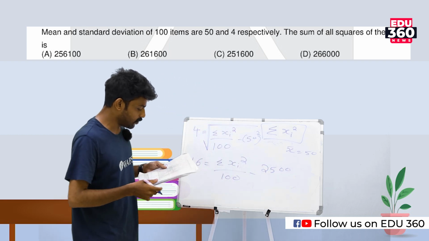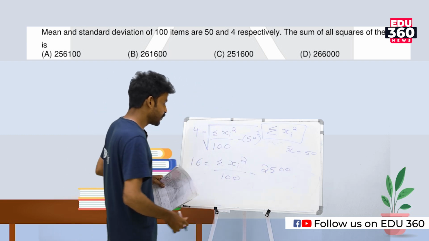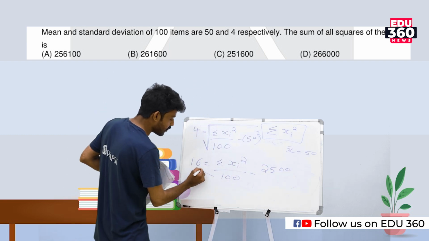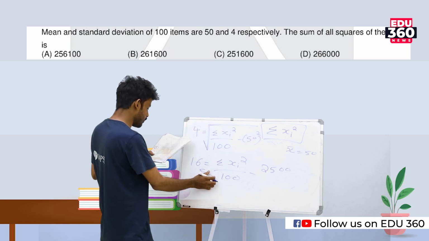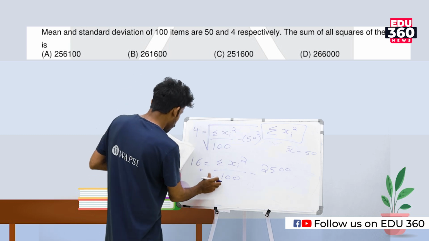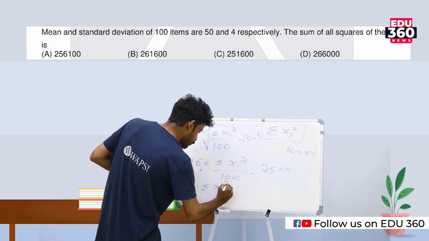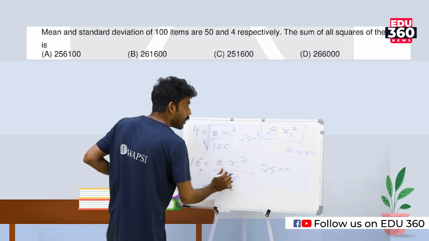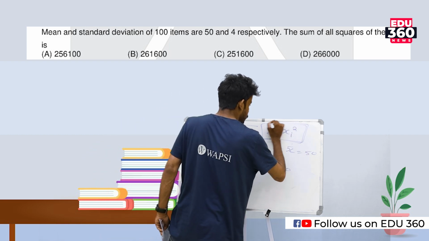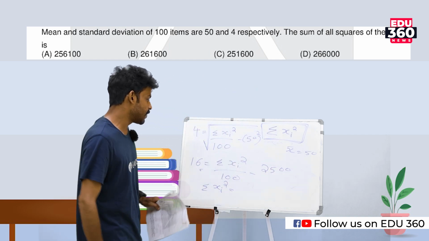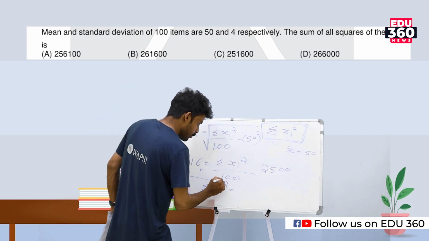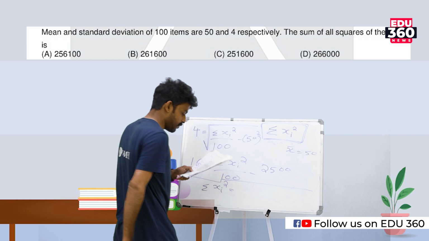So hereafter, on rearranging this, we need to find the value of sigma of xi square.